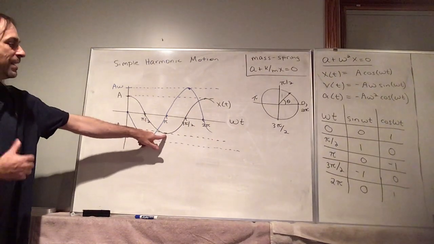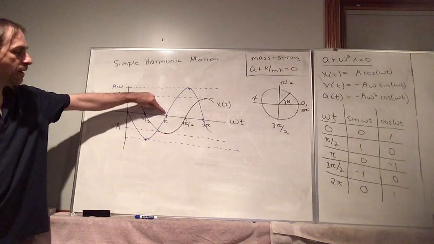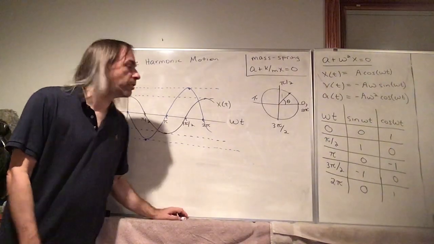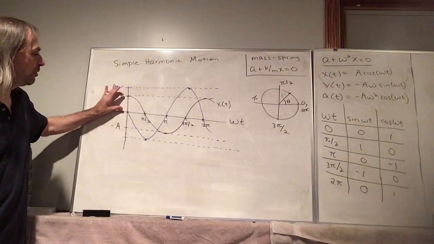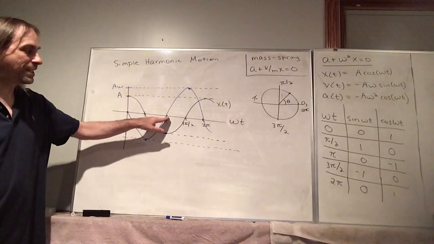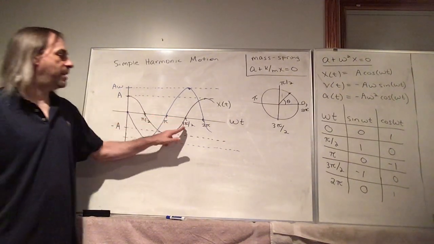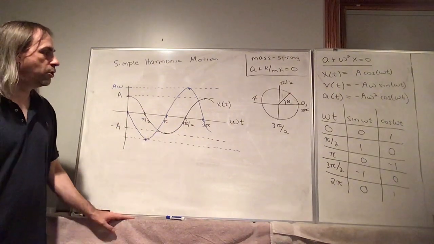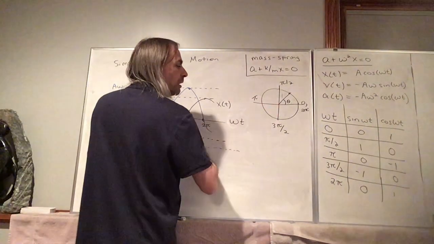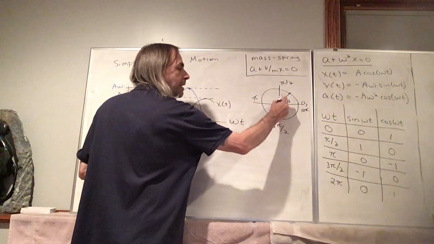Similarly, when x is at its maximum extension, the velocity is 0 because it stops at maximum extension. So when the position is at its maximum amplitude, the velocity is 0. And then here, 3 pi over 2, remember, it's a projection on the x-axis.